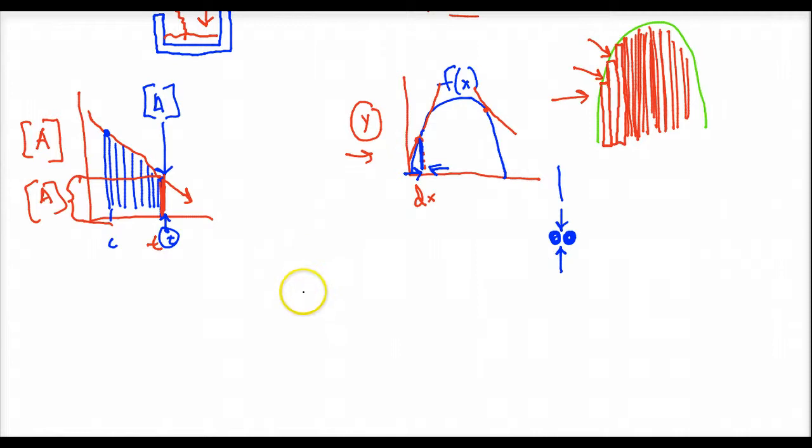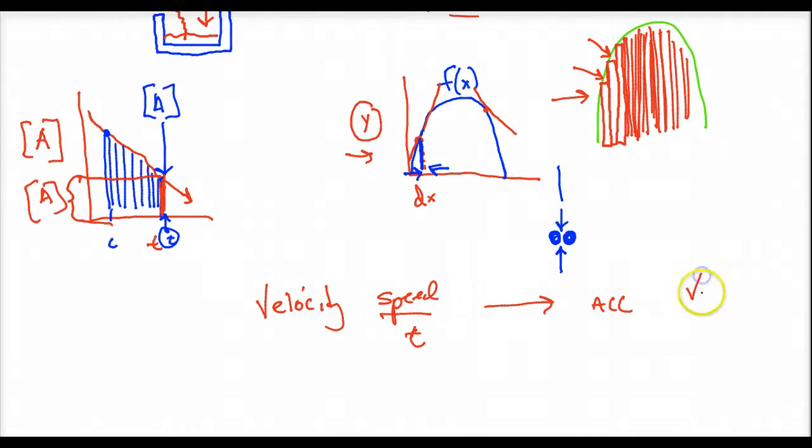We know that velocity is basically distance over time. And we know when you go from velocity to acceleration, which is essentially change of velocity over change of time as well. So the change of velocity over time, that's a derivative.